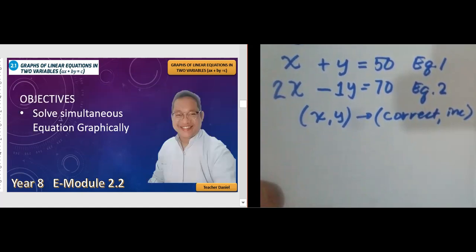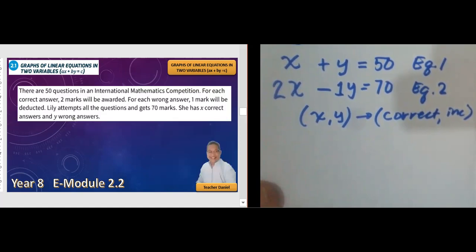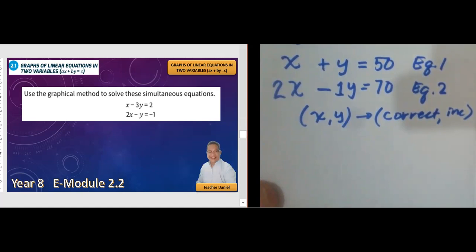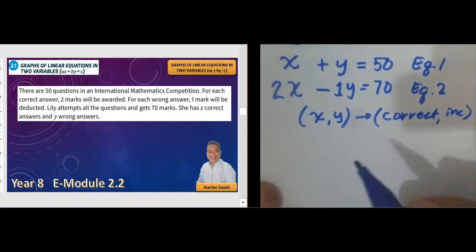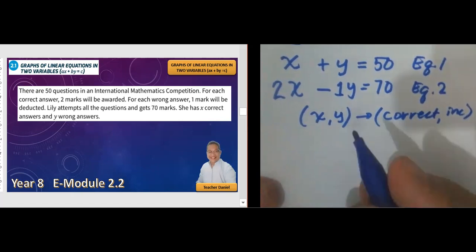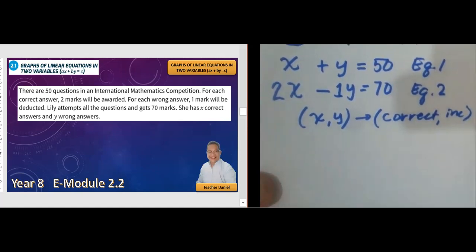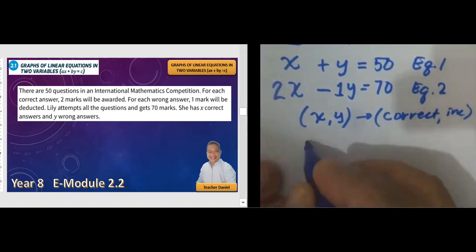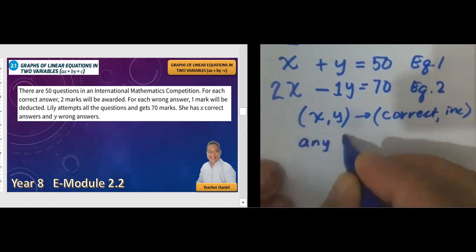In the last video, we learned that to draw a line, we actually need 2 points. That's what we learned before, right? I'm going to show you how to do it manually, and later on, let's check using the software. So we only need to get any 2 points.